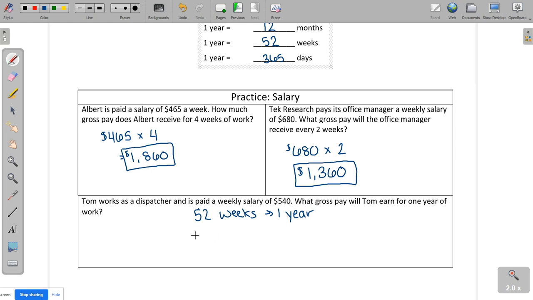So we're going to take his weekly salary of $540 and multiply it by 52 weeks. And when we do that, we'll get the salary of $28,080.